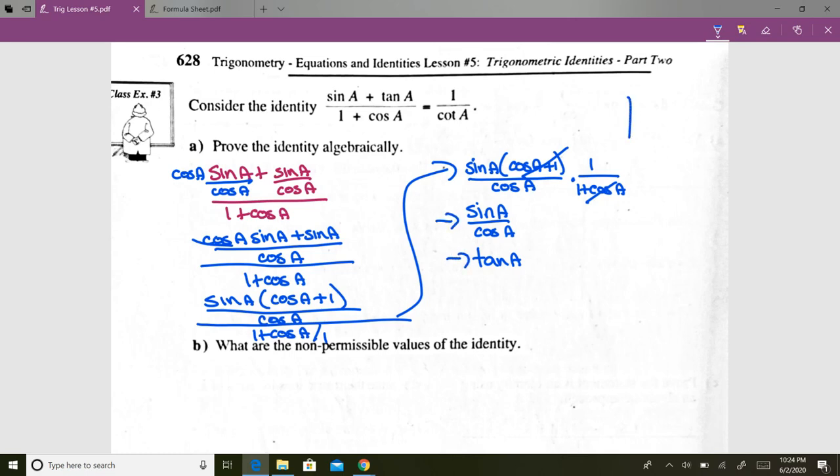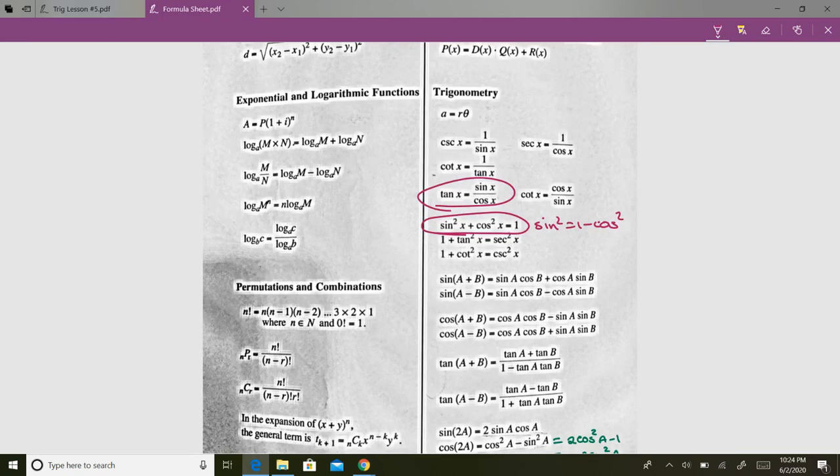So now we're going to look at the left side, which is 1 over cotan A. What's cotan? Cotan is, if you don't remember, in terms of sine and cosine, cos over sine.